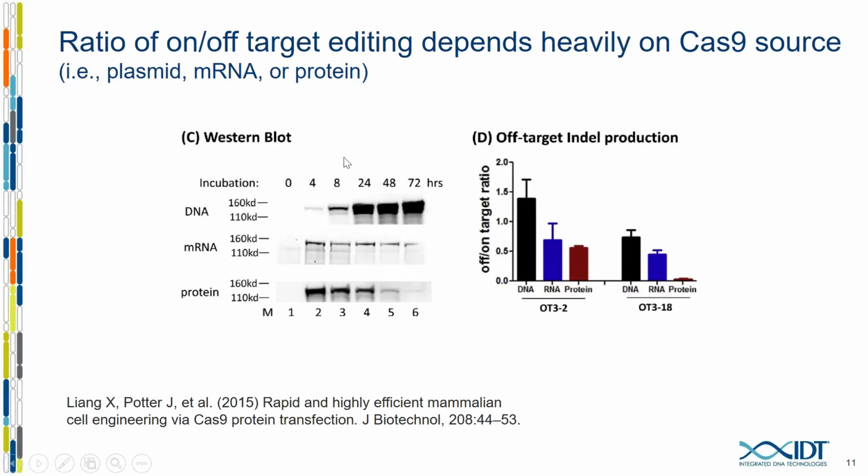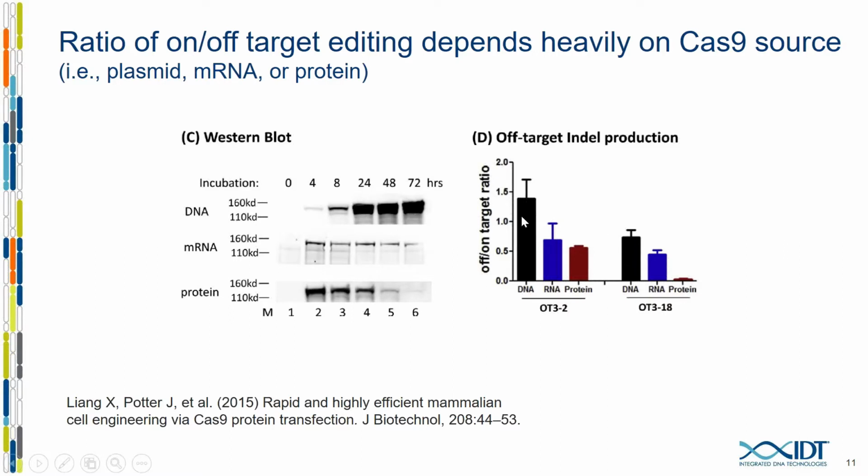So Cas9 protein by Western blot on the left, and the ratio of off to on target on the right. These are two known off-target sites for the guide that was used. So going from top to bottom, with a DNA or plasmid-based system, they find that Cas9 takes a while to reach a steady state level in cells, about a full day, and then it doesn't seem to reduce all the way out to 72 hours.